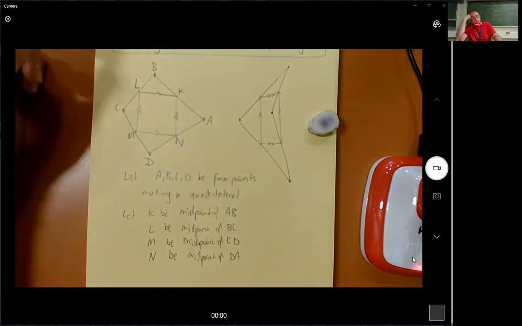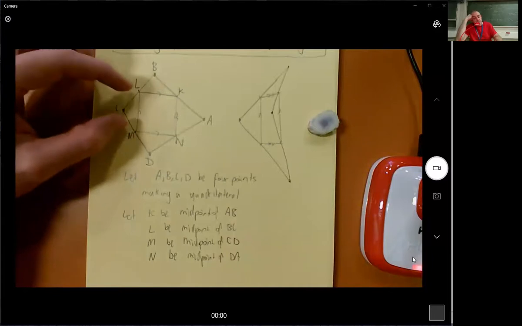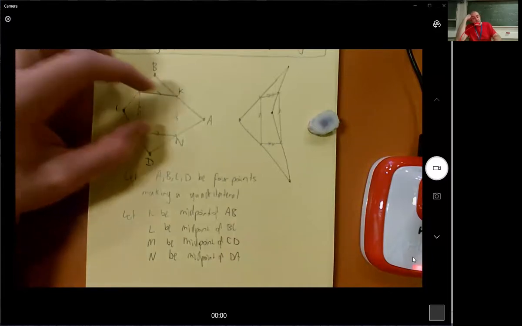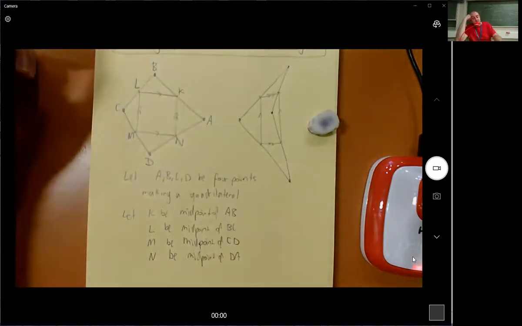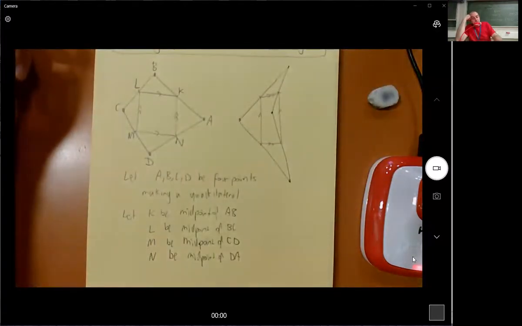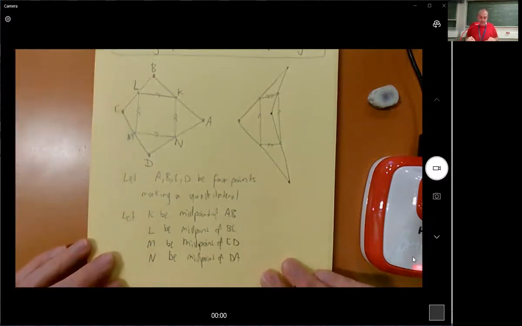Right, so somehow I have to show that the vector from L to M is the same as the vector from K to N. And the same the other way around.